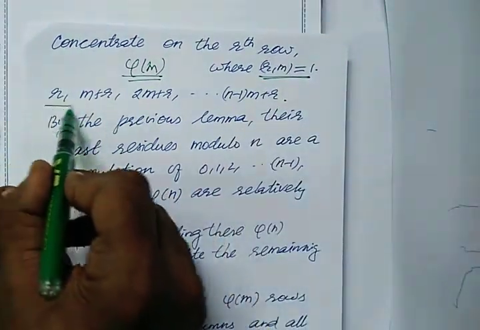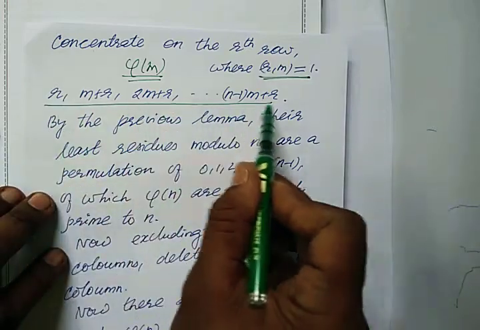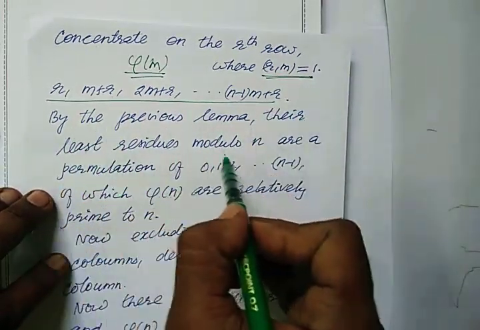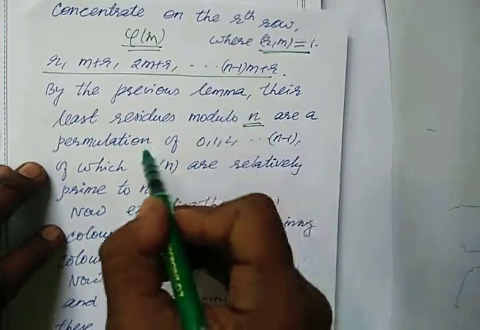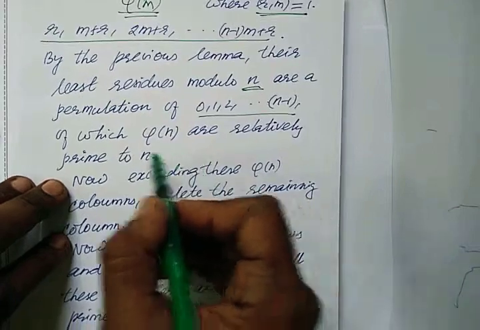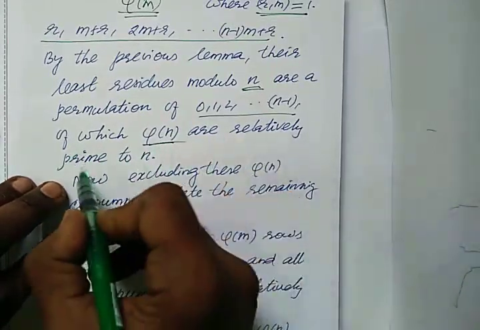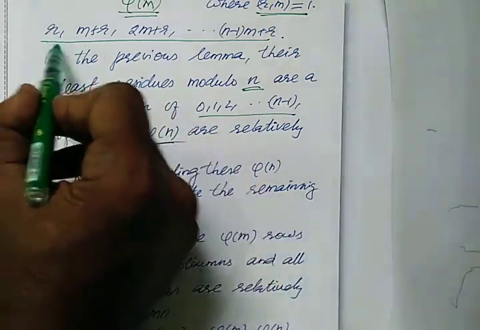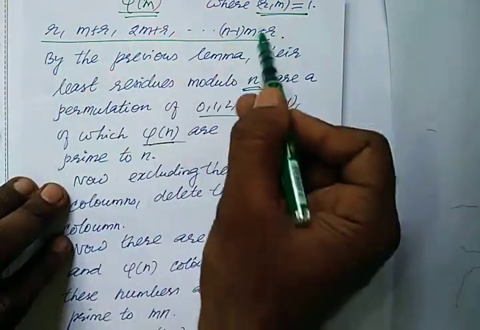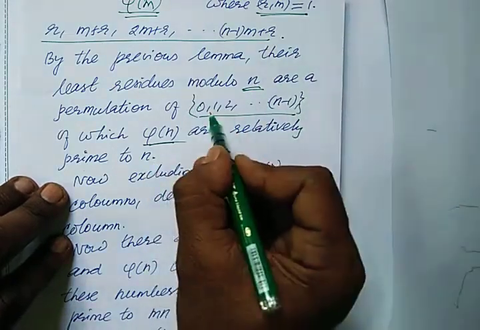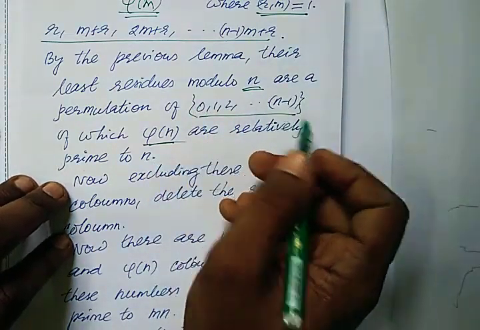Now in that row we have got these many numbers. By the previous lemma, these residues modulo n are a permutation of this one, right? See here, in this row, if we divide by n, we will get the remainders from 0 to n minus 1 in some order.